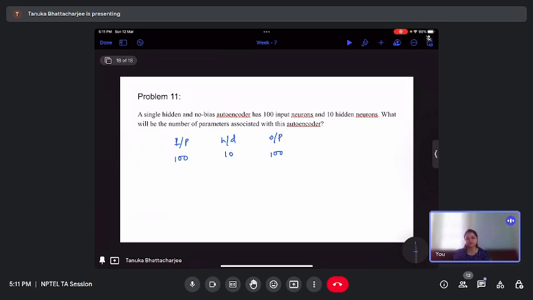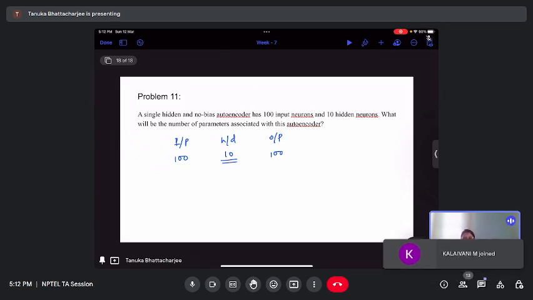So, our network architecture is basically input layer with 100 neurons, hidden layer with 10 and output with 100. Your hidden layer, you can see, has much fewer neurons as compared to the input and output. So, this will be the compressed representation that we will take, which is much lower in dimension as compared to your original data.